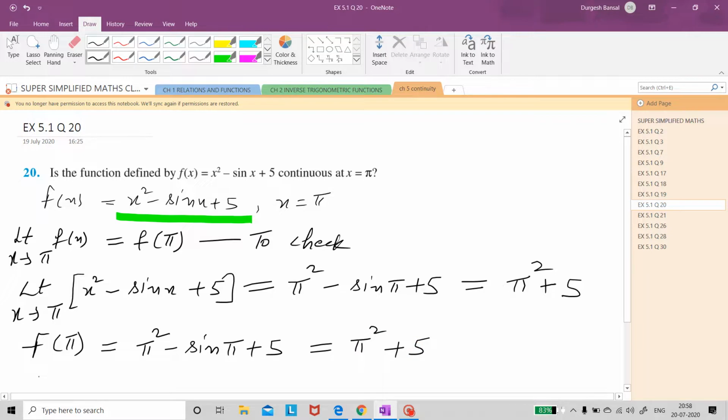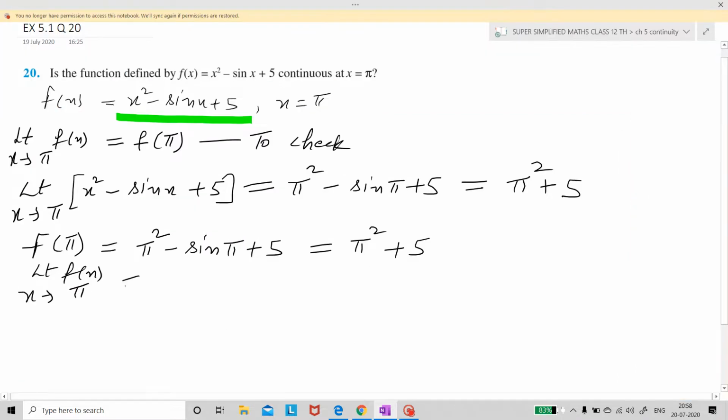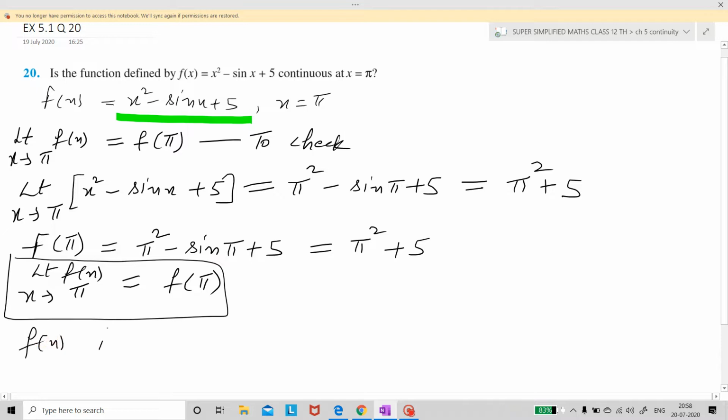So we can see that the limit of the function f(x) as x tends to pi is the same as the value of the function f(x) at the point pi, and therefore we can say that the function f(x) is continuous at the point x equal to pi.